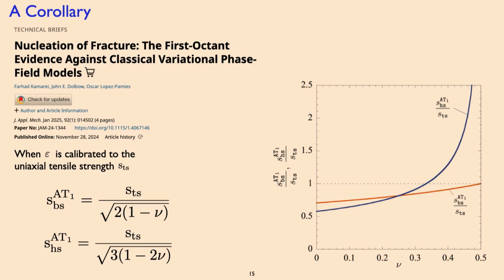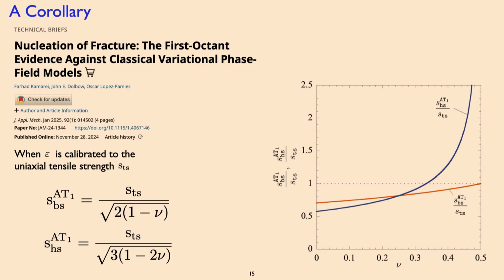By and large, all of these different splits reduce back to essentially AT1, one of the original phase field models. What you see is that in that first octant, if you calibrate the regularization length to the uniaxial tensile strength, the biaxial strength and the hydrostatic strength are subjugate to Poisson's ratio.